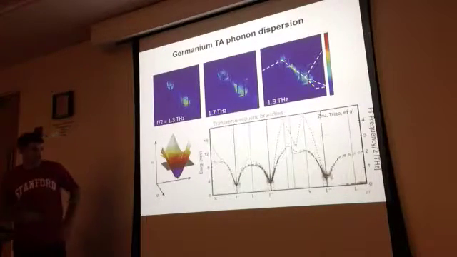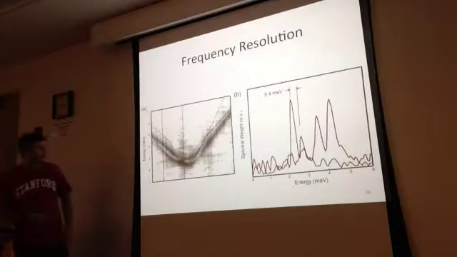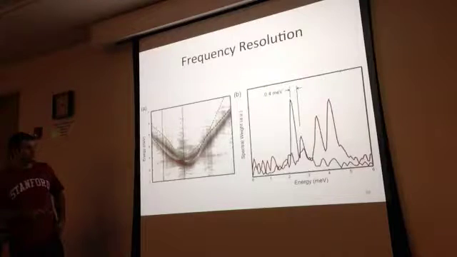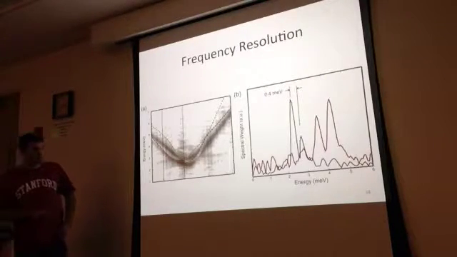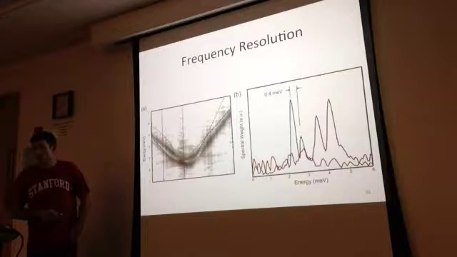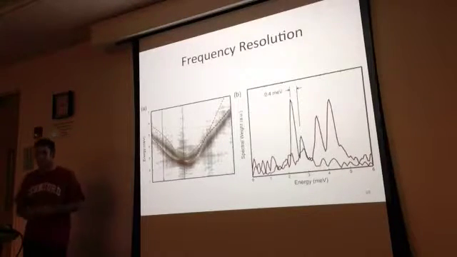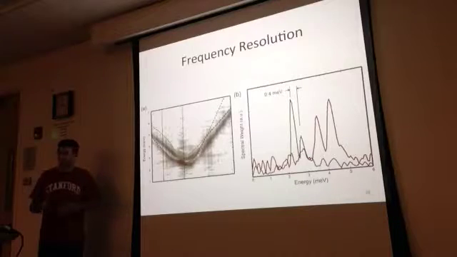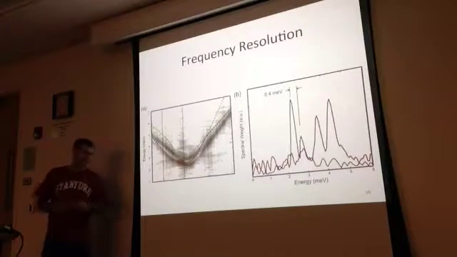And so let's talk about what the frequency resolution is. I'm going to zoom in on one of these regions down here where there are clearly 2 phonon branches close to one another. And here I'm plotting the color line out of the black and red vertical lines. And so you can see that we're resolving peaks that are separated by something like half a millielectron volt. And this is already kind of state-of-the-art for traditional inelastic X-ray scattering.